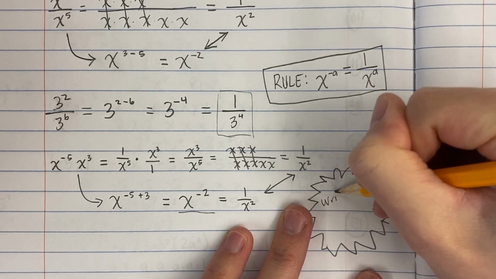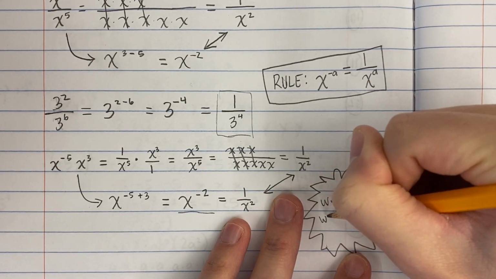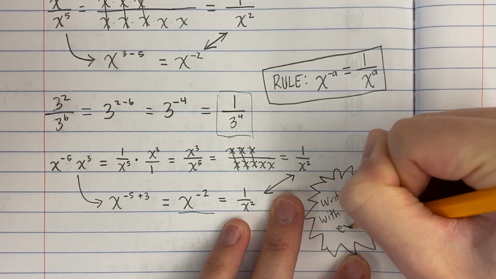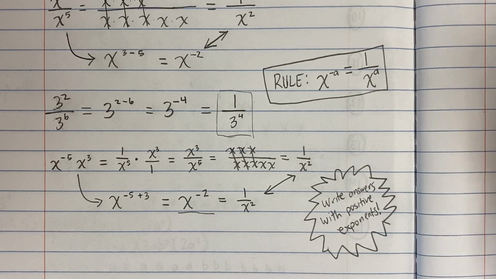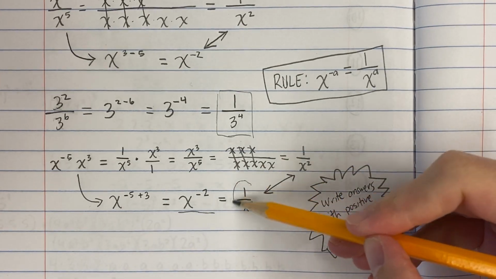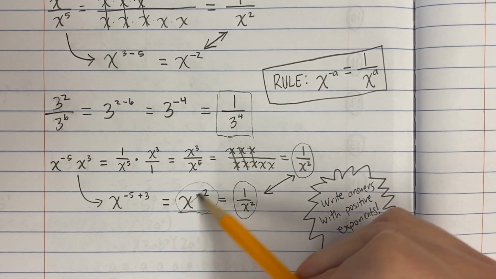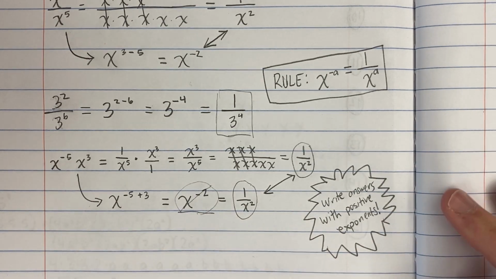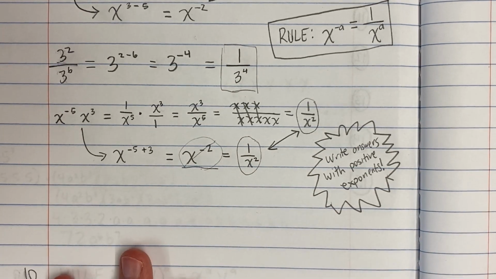You need to write answers with positive exponents. Okay, that's the rule. Is it a silly rule? Maybe, but this is how we want our answers, like this, not like this. And that's just like the rule that we always write answers in simplest form. We say this isn't simplest form, this is.